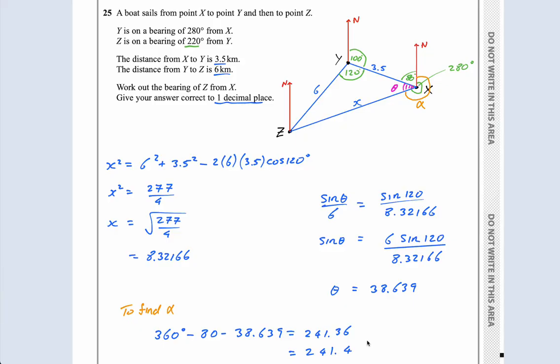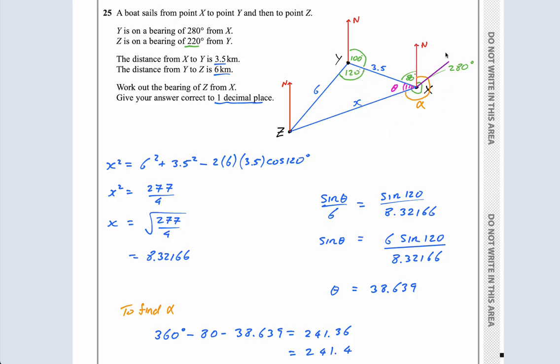Okay, so obviously guys, not an easy question. The hard bit, I think, is just drawing the diagram and trying to figure out what it's asking. Once you've drawn the diagram and you realize that this is the angle you want, because the bearing of z from x means we start at x and we go around and stop when we get the direction of z.